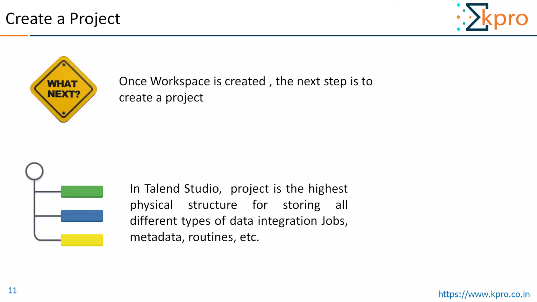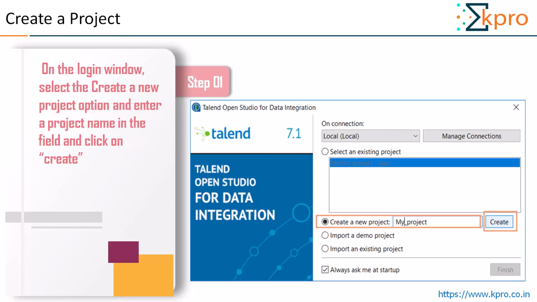So let's see how to create a project in Talend Open Studio. To create a project, first we have to go to the login page of Talend Open Studio, click on the Create a new project option, and provide the name that we want.